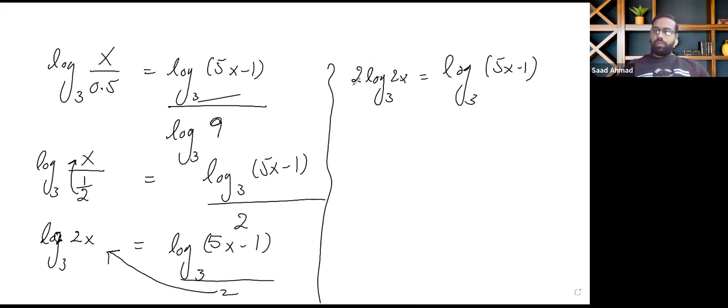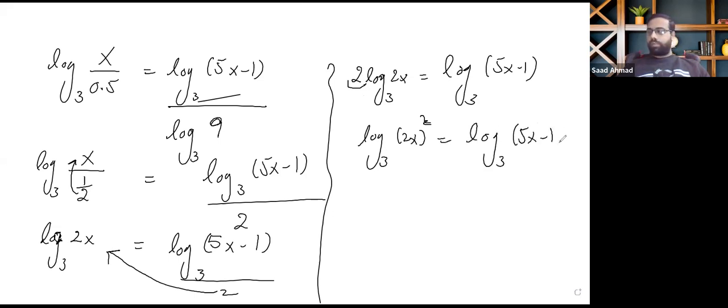Right, then this 2 is outside, so we apply the power rule, and this 2 will go into the power here. Okay, so now there is one more thing. As I told you, the log is the inverse of the powers. Like if we want to cancel out a square, we do the square root.